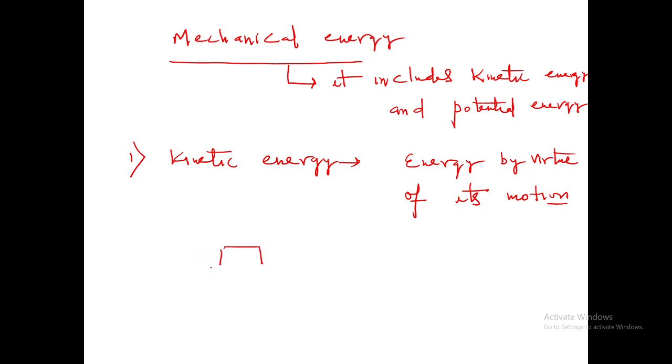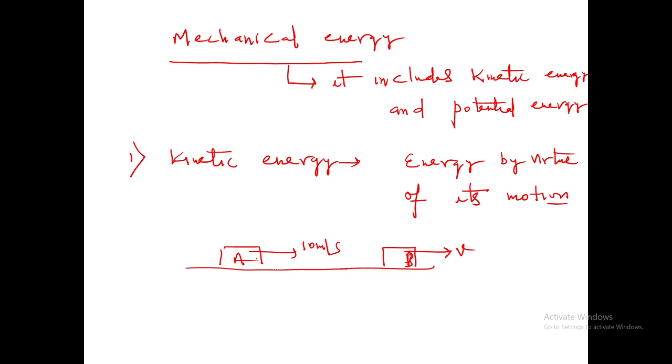Suppose there is a moving body, moving with 10 meter per second, and it hits another body. This is body A and this is body B. So A hits body B, and after hitting, body B will also acquire what?